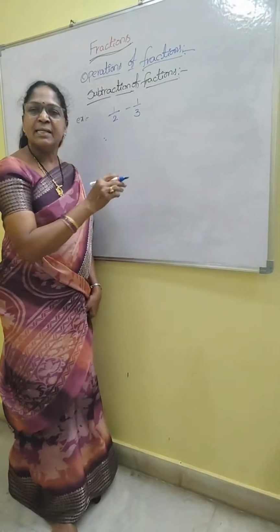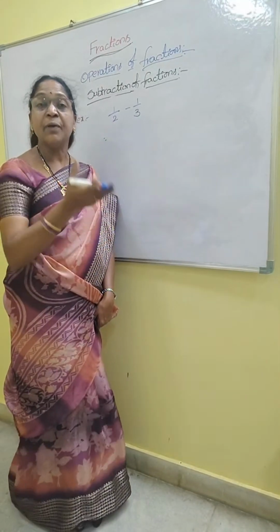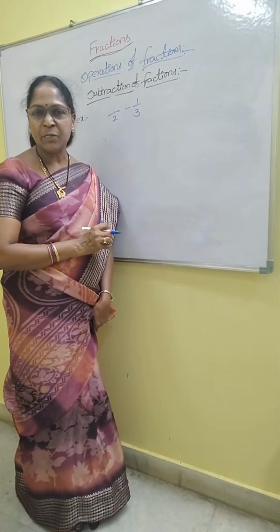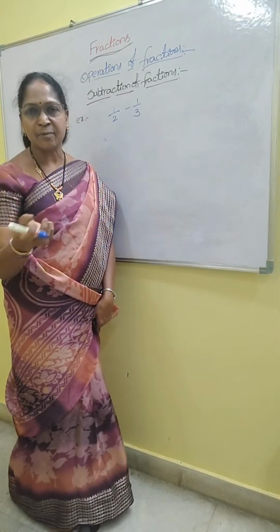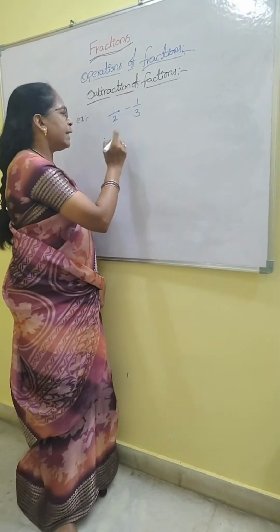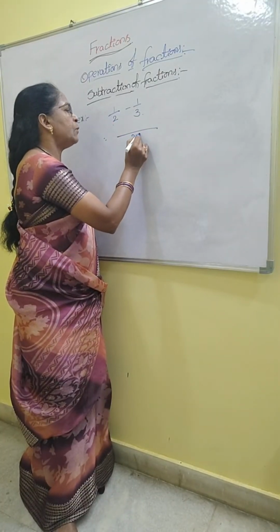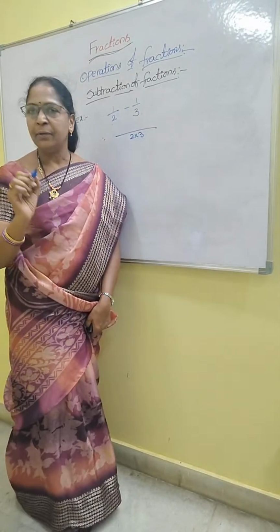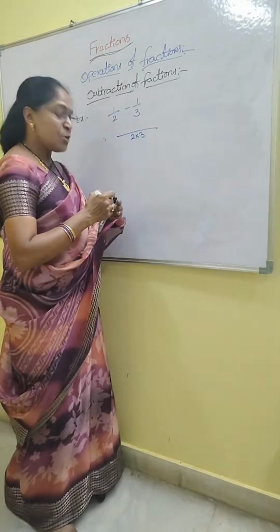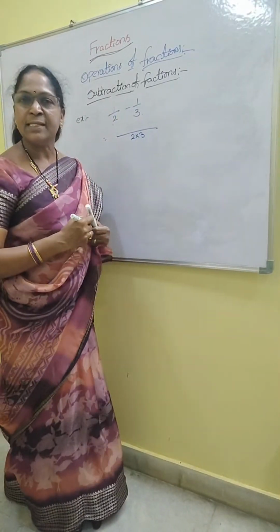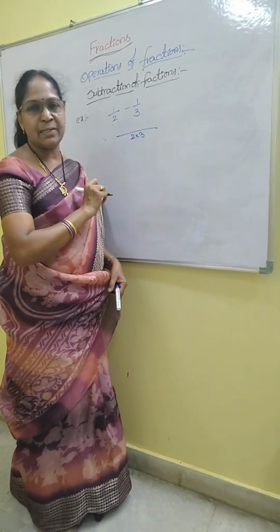Now here apply the same procedure as we discussed in the previous topic, that is the addition of fractions. Like that, here also the denominators are written, that means 2 into 3. Here you should follow one other procedure, that is cross multiplication.